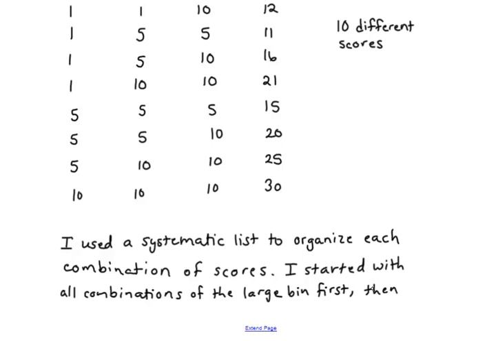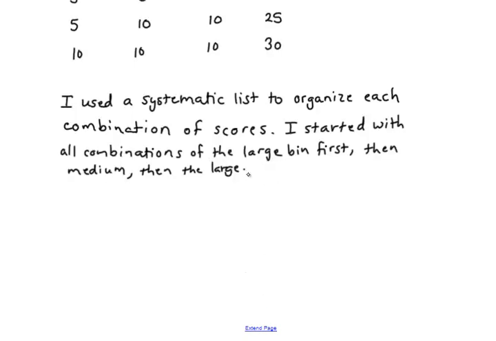Then the medium, then the large. And that just gives me a little statement about what you did, how you started your systematic list, and then you can say, I found 10 different scores. So the write-up doesn't need to be a lot, but it needs to tell me what you did.